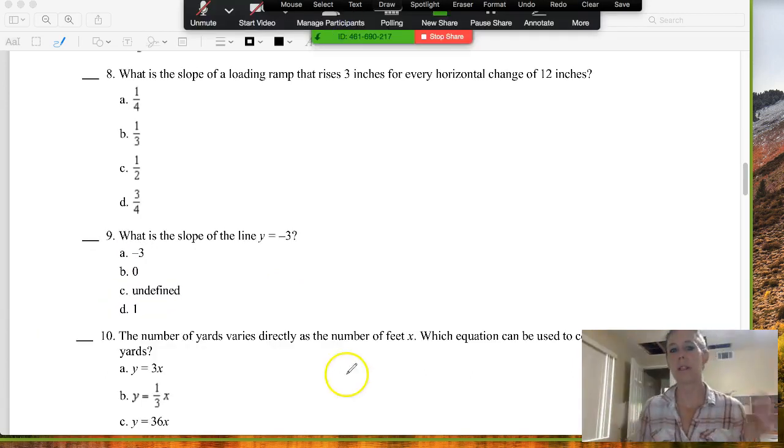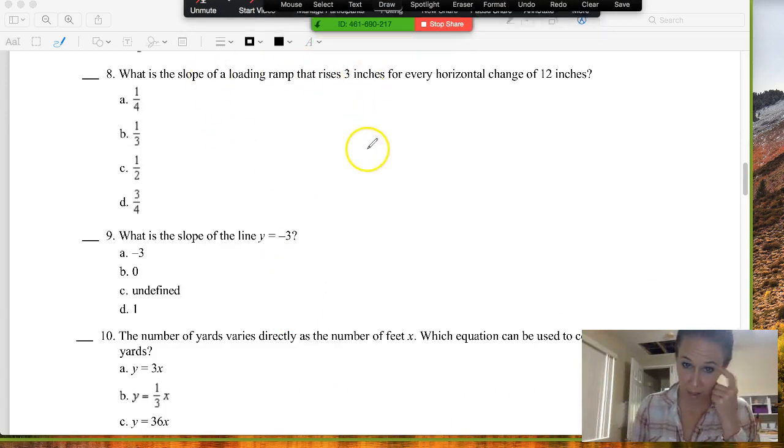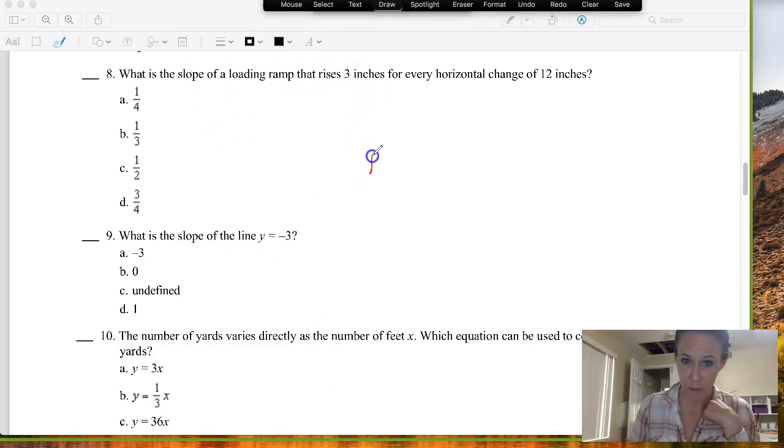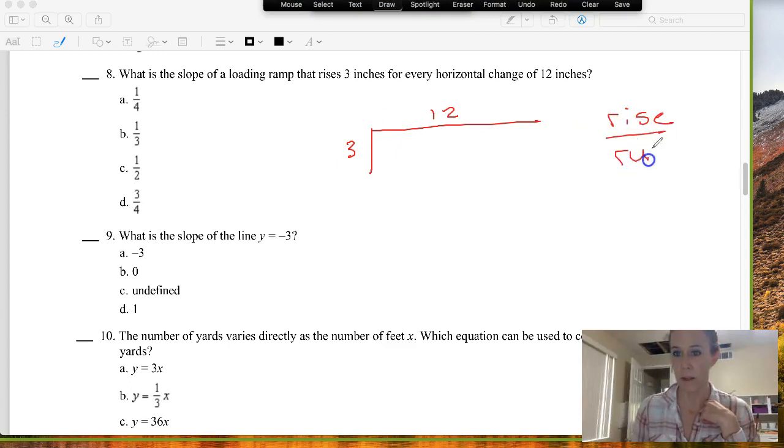Okay, number 8. What is the slope of a loading ramp that rises, so it goes up 3 inches for every horizontal change of 12 inches? Okay. So rise over run is slope. Remember, rise over run is slope.